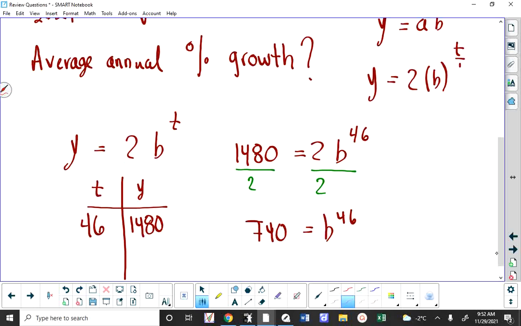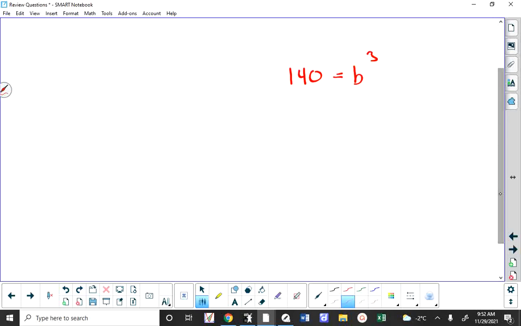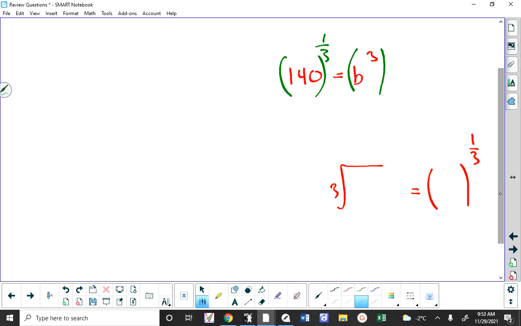Now, just before I go on here, a cube root of something is the same as raising it to the third. And at this level, I think that's a really good way to look at things, is you're going to raise this to a third, you're going to raise this to a third, and that eliminates the exponent of 3, doesn't it? Because 3 times a third is 1.